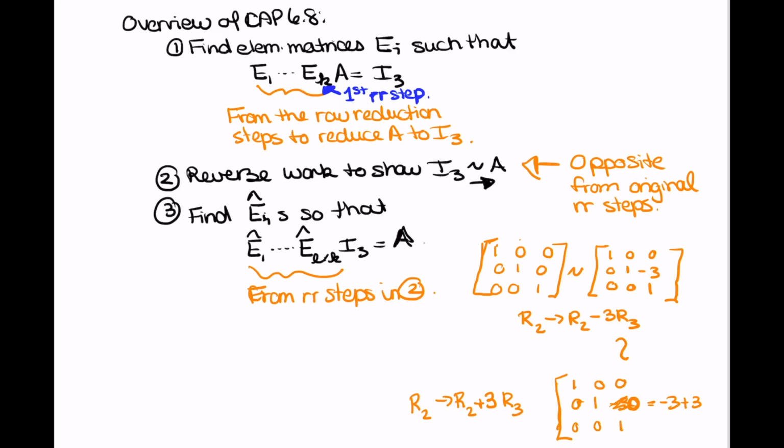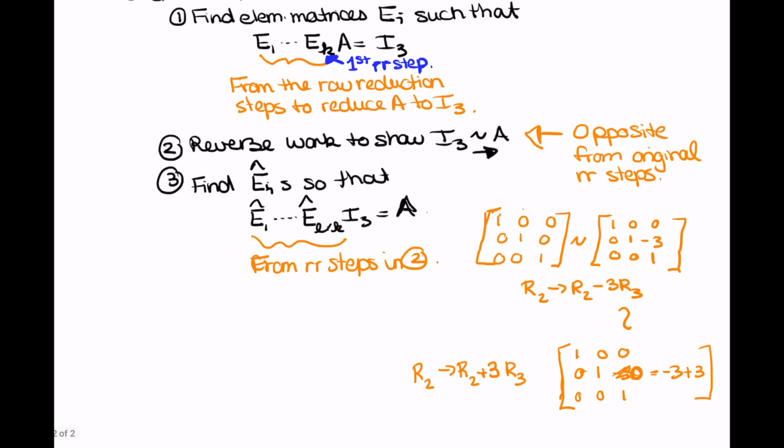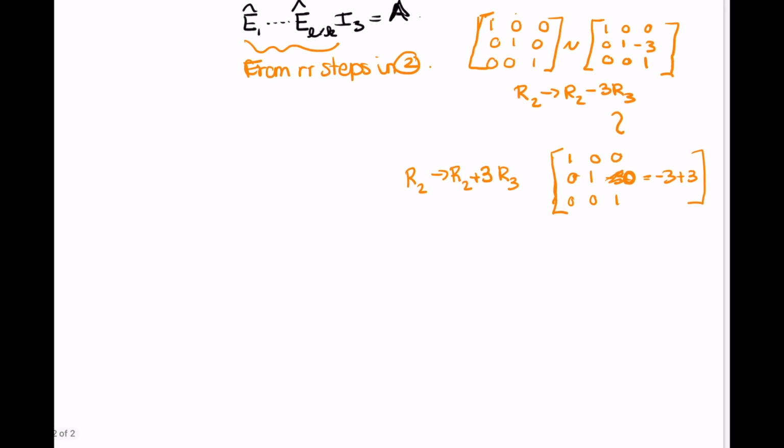And so here we have two opposite row reduction steps. Now these are the matrices that I get from the identity when I carry out these row reduction steps. In the theorem, they're the matrices that I need to reduce something to I under the row reduction step.